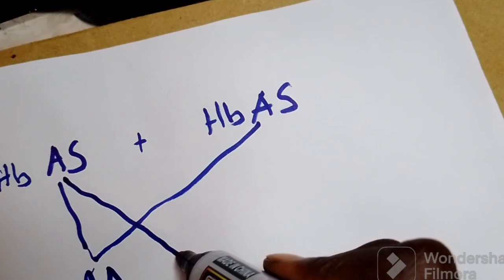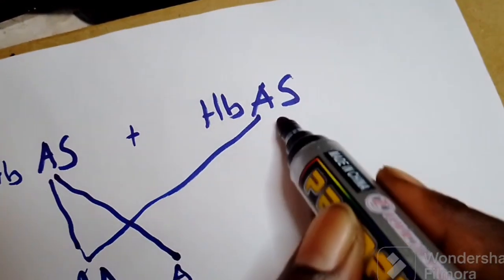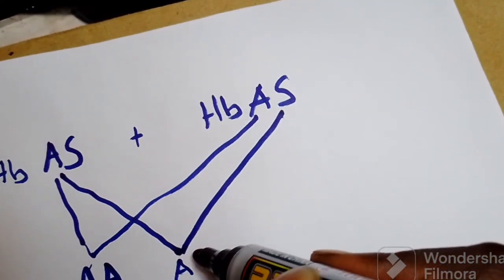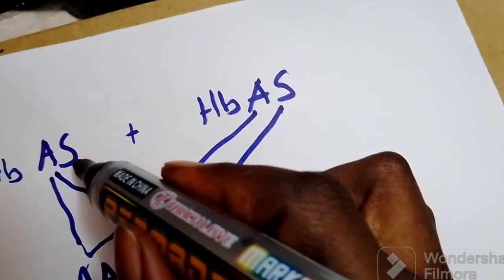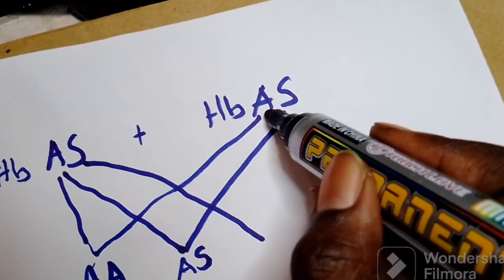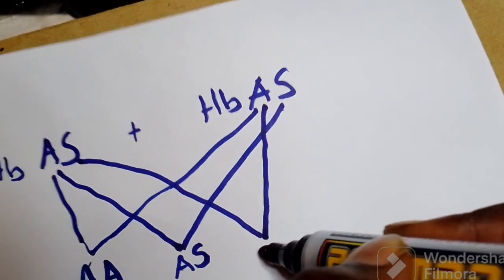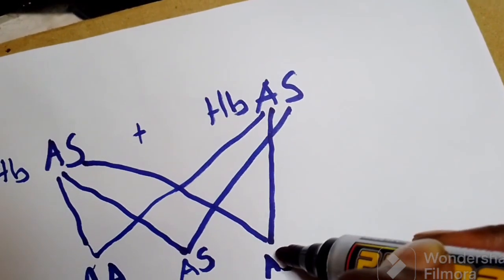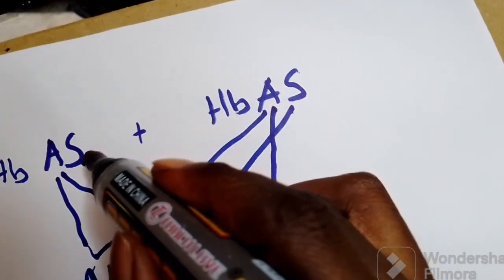Or this parent might give the normal hemoglobin gene and the other gives the sickle cell hemoglobin. Or this parent might give the sickle cell gene and the other gives the normal one.